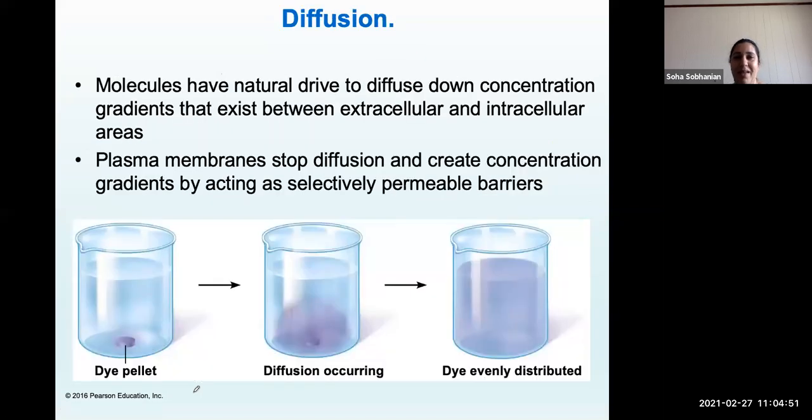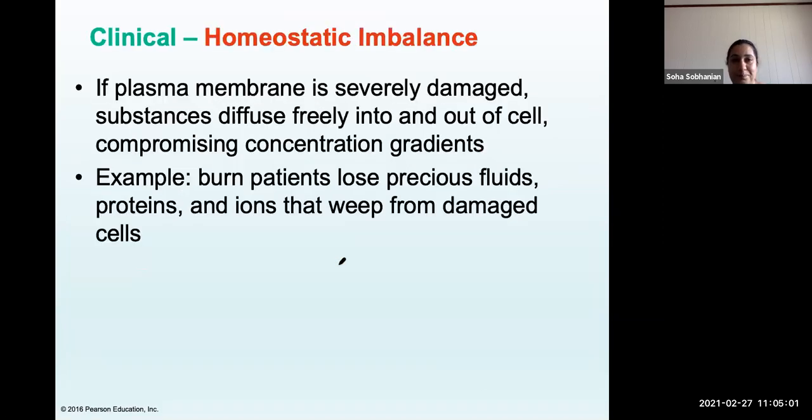Thank you. Now here's another example of diffusion. You have high concentration of that dye, and then eventually it evenly distributes itself. This is a really good concept. I just want to go over it. If the plasma membrane is damaged, as a result of some sort of trauma or burns, then you don't have that concentration gradient that we're mentioning, right?